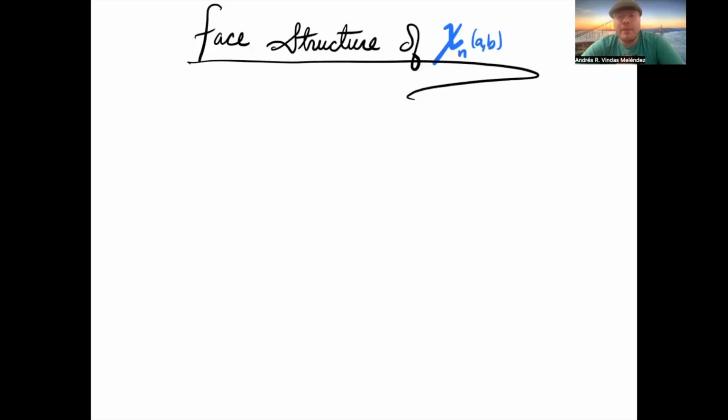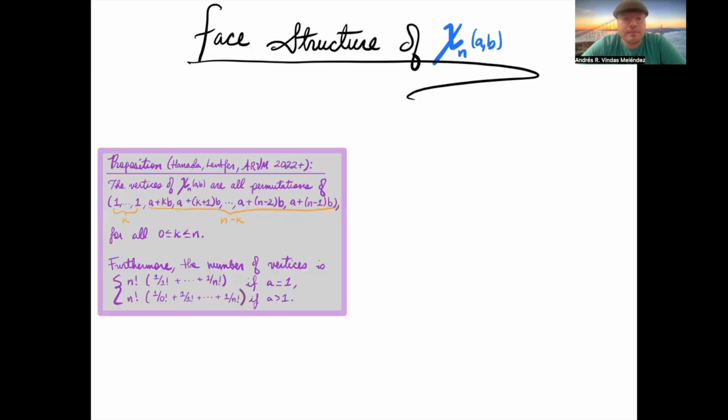Again, we focus on x equals a, b, b, b, b, following the work of Yan. In the same spirit as the questions that Stanley originally posed, we studied the face structure of this x parking function polytope. In our first proposition here, we are able to tell you the structure of the vertices of this polytope.